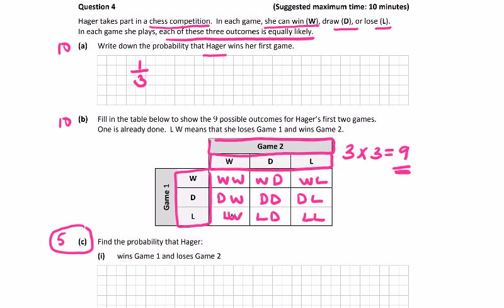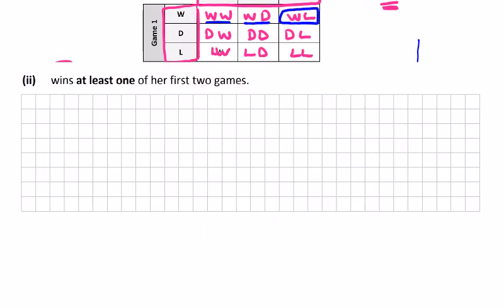And then part C1. The probability that Hager wins game 1 and loses game 2. Well, win game 1, there's win, draw, win, loss. Win, loss is the only one that wins game 1 and loses game 2. So there's only one option out of 9. And then C part 2, the probability that she wins at least one of her first 2 games.